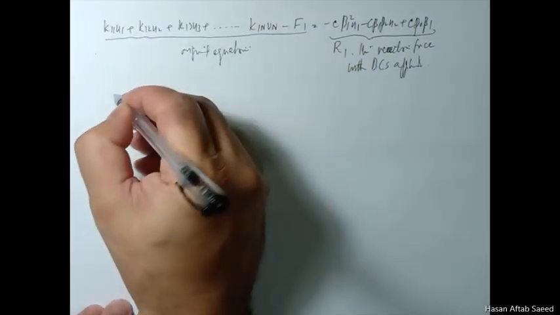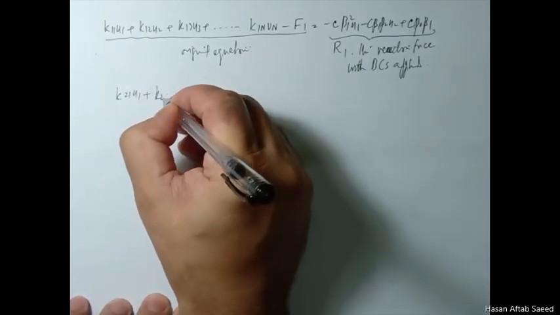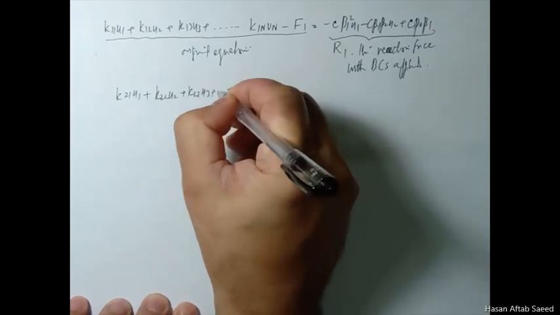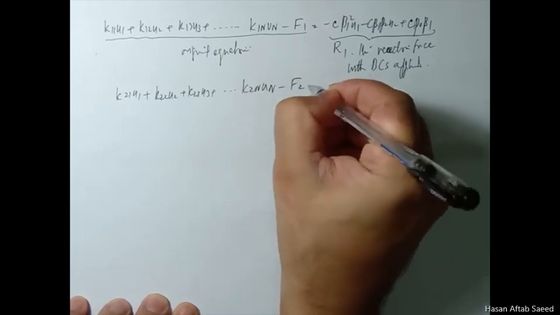Similar procedure: k21 u1, again rewriting the second equation of our interest, minus f2 now.